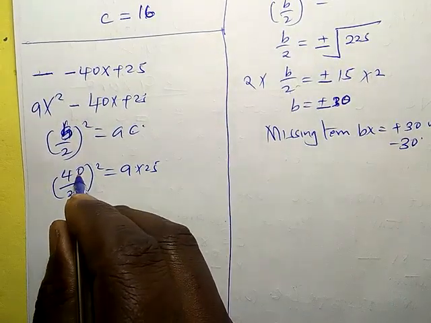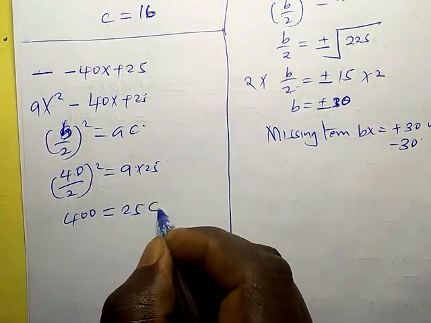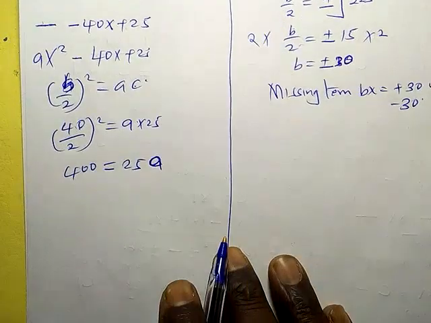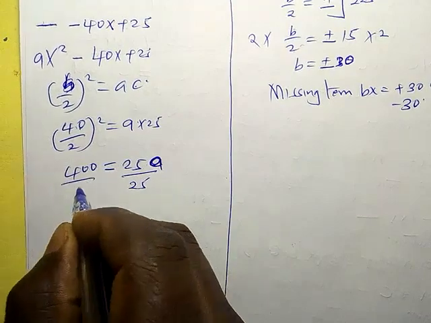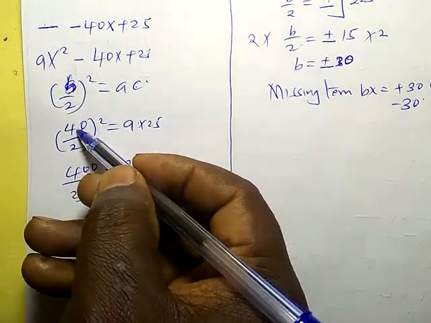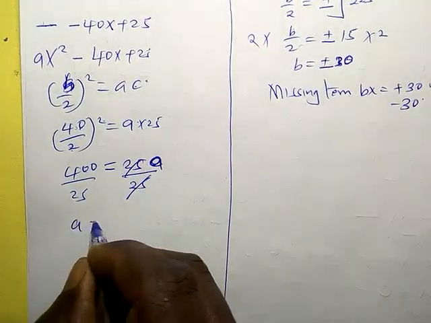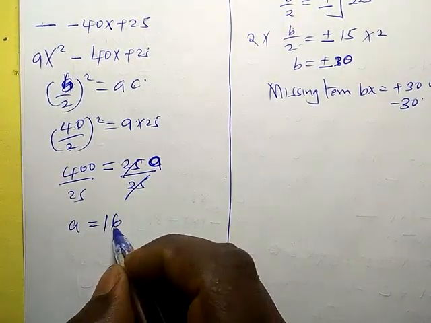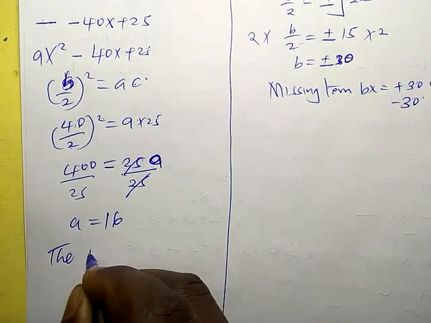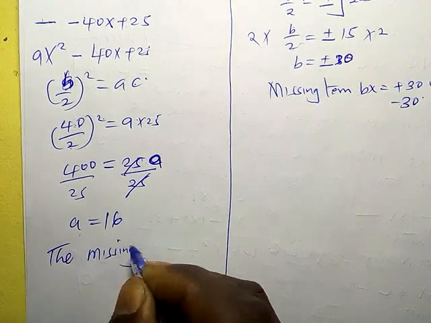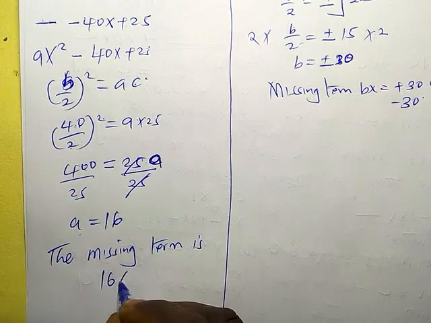So this is 400. That is 400 equal to 25a. So we want the value of a, divided by 25 on both sides. So 400, I got 20 squared is 400. Now a equal to 16. So the missing term is 16x squared.